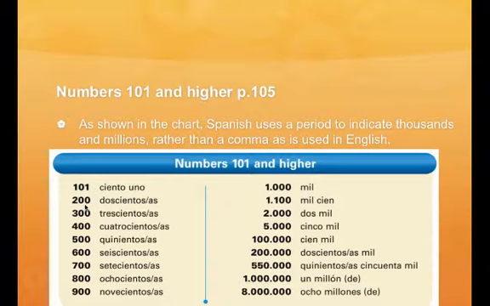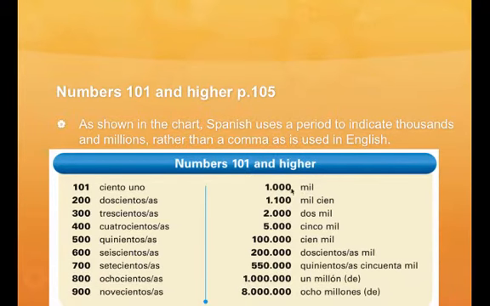Once we get to 200, we continue that pattern and we see 200, 300, 400, 500, 600, 700, 800, 900. Finally, once we break that barrier, we get to 1,000.